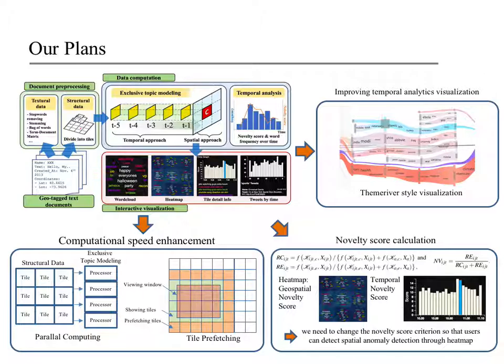Also, we will change our novelty score calculation, so the user can more easily find which topic is abnormal. So it helps users to find the abnormal event.